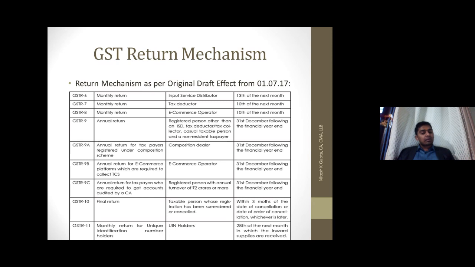GSTR 10 is a final return for a person whose registration is cancelled or surrendered. GSTR 11 is a monthly return for UIN holders. And these are the due dates by when these need to be filed.